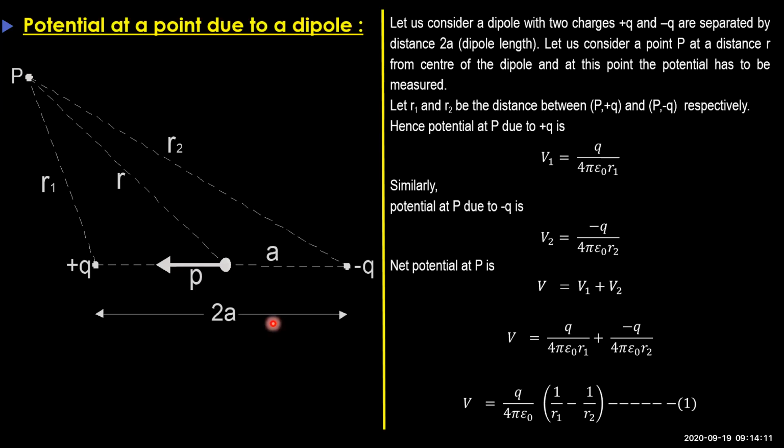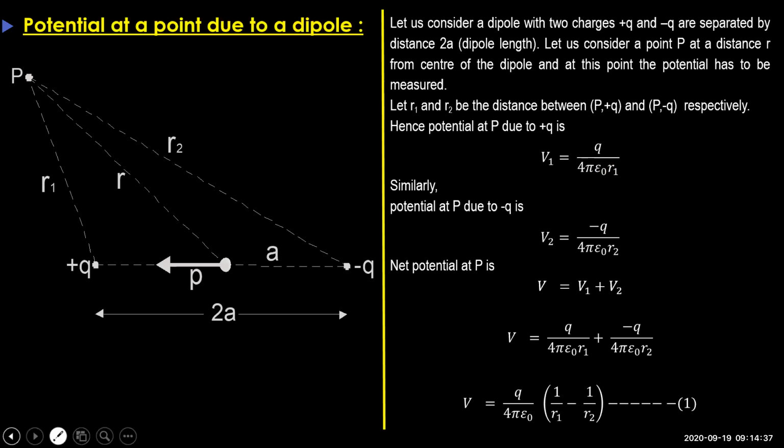So with all these considerations, first we focus on potential at point P due to plus Q charge. Potential at P due to plus Q is given by V1 is equal to Q divided by 4 pi epsilon naught R1.